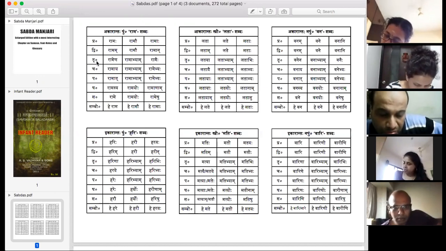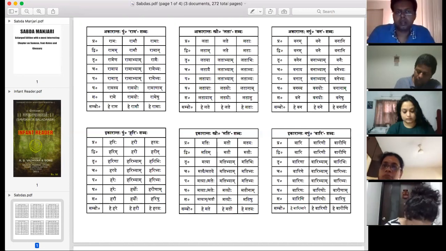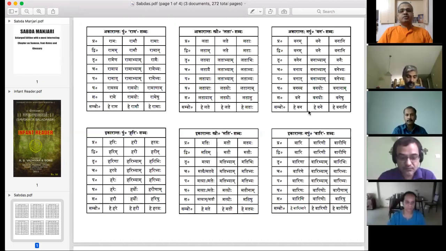The third row is called tritiya vibhakti, and then chaturthi vibhakti, panchami vibhakti, shashti vibhakti, and then saptami vibhakti.